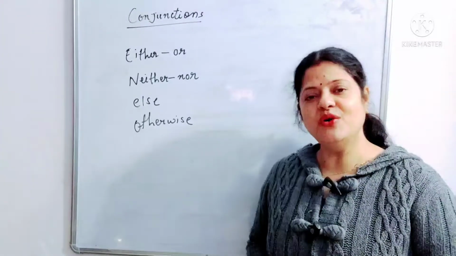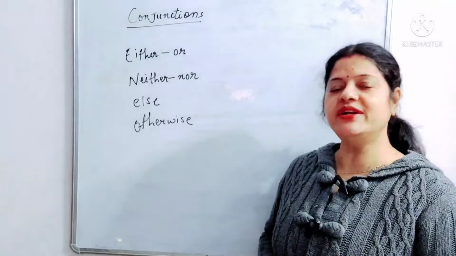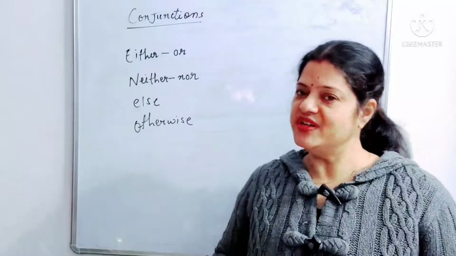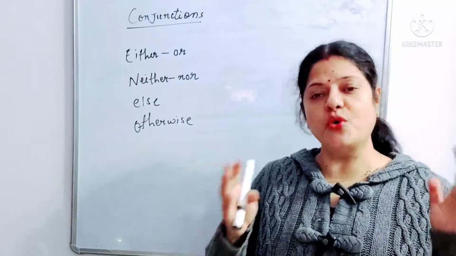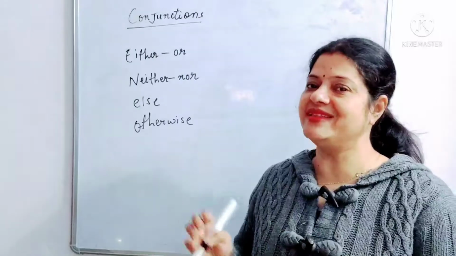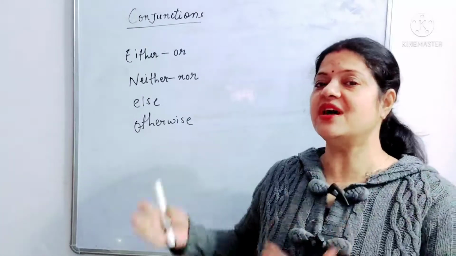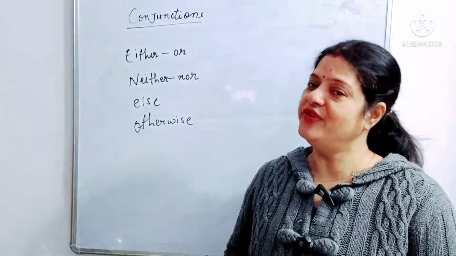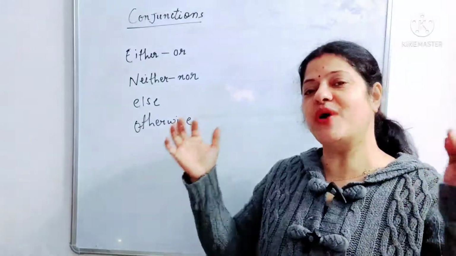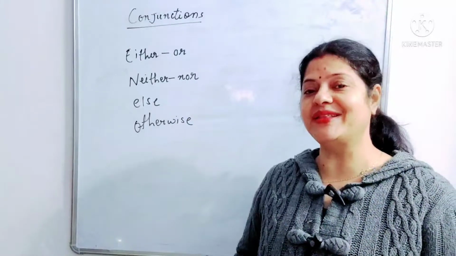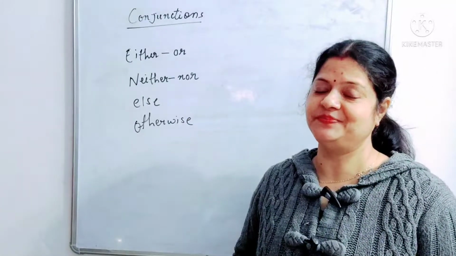sentence. Okay, so let's first know what is an alternative. So alternative conjunctions show choices or options in the sentences. If 2 choices or 2 options are given in the sentences, we use these conjunctions to add 2 sentences together to make a compound sentence.